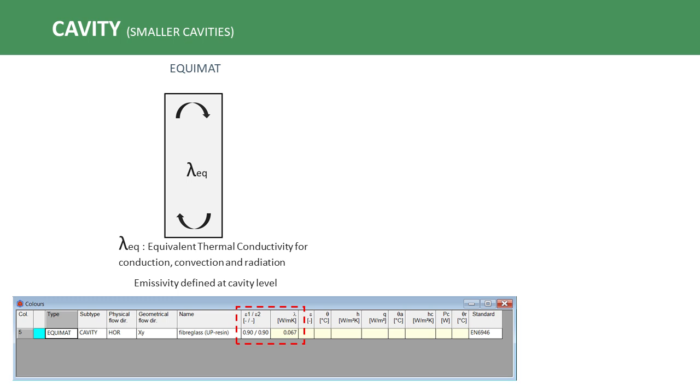The difference between Equimat and Transmat is the way infrared radiation is treated. For Equimat, infrared radiation is simplified into an equivalent conductivity, which is the lambda value referred from ISO standards. Here we input the equivalent thermal conductivity, which includes the combined effect of conduction, convection and infrared radiation.